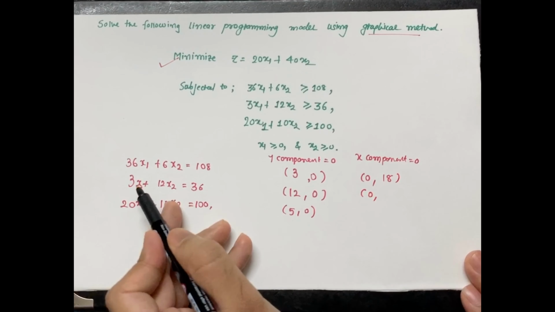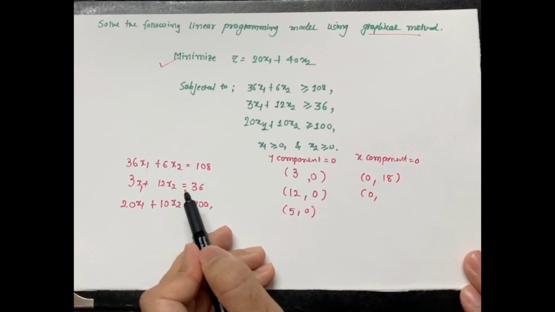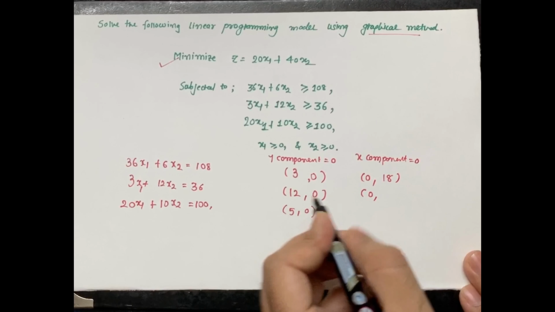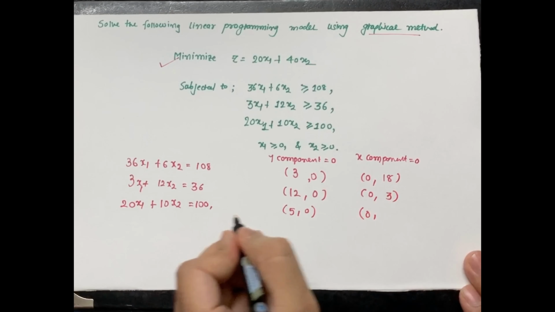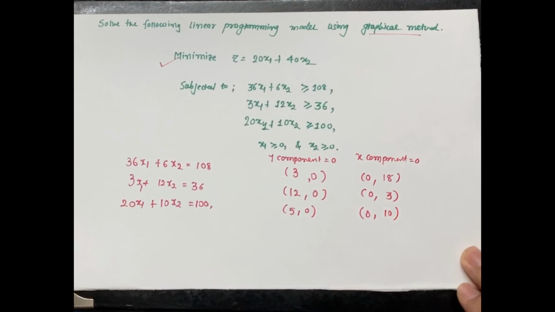Likewise, here 12x2 = 36, so this is 3. And if I am taking x1 as 0 here, x2 becomes 10. So these are the intercepts with the x-axis and y-axis.